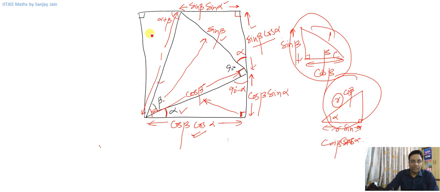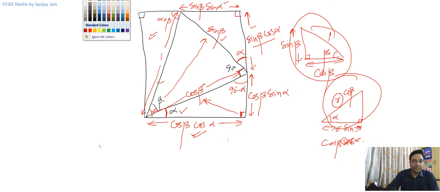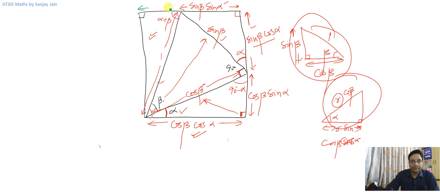Now in this right angle triangle, what can you say about this side here? This is 1 and this angle is alpha plus beta, so this will be cos alpha plus beta. And what will be this opposite side of alpha plus beta? This will be sine of alpha plus beta.